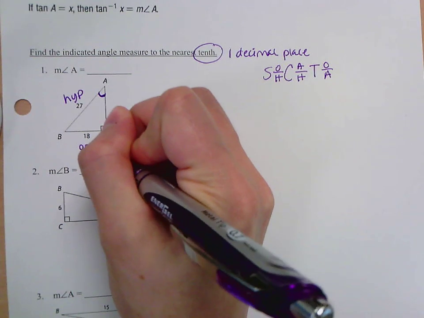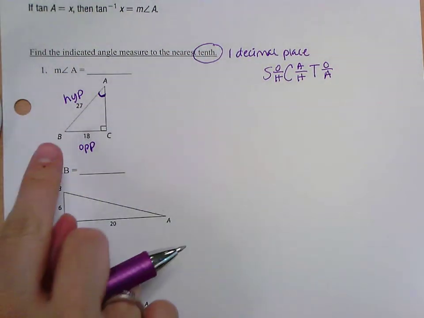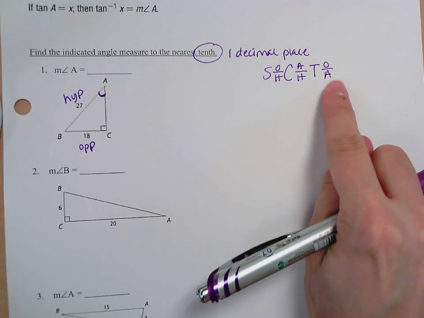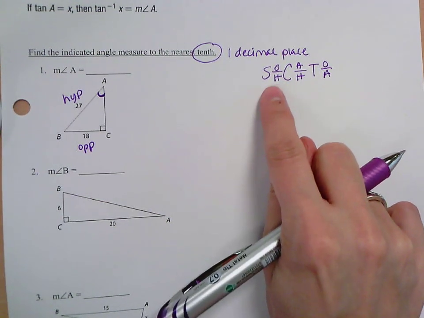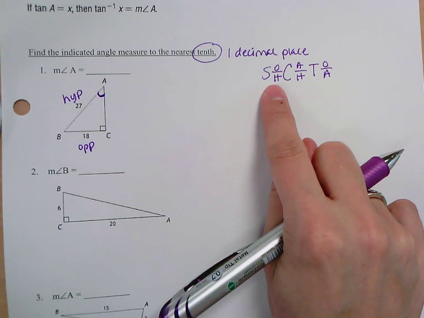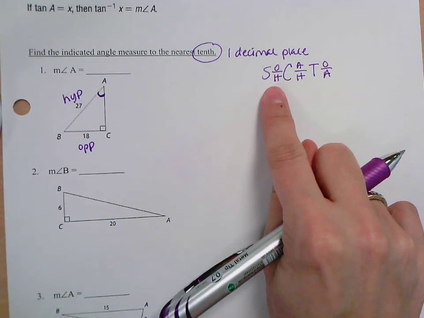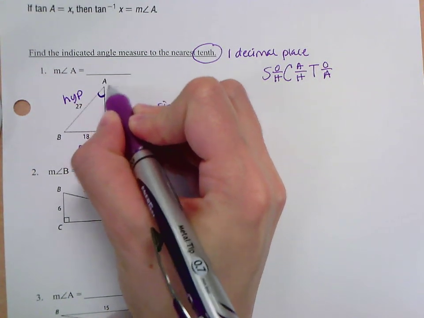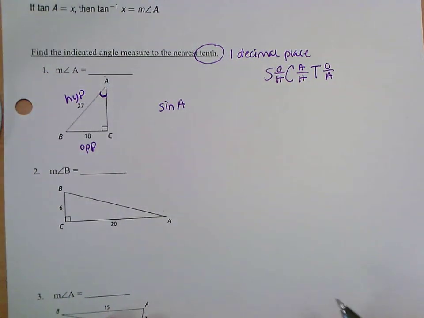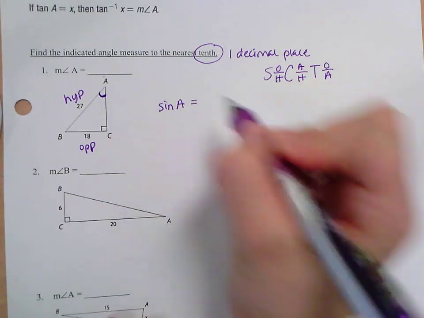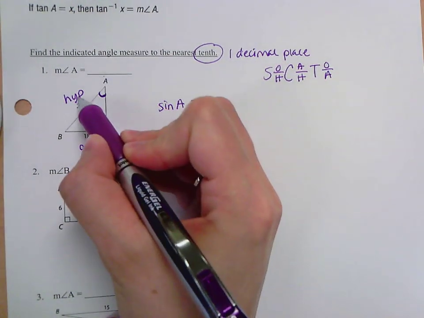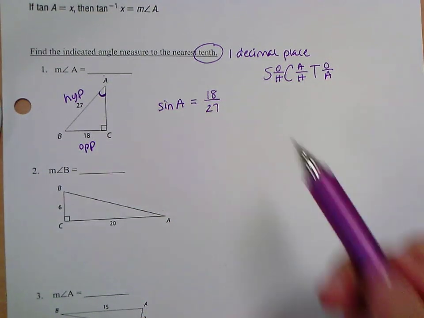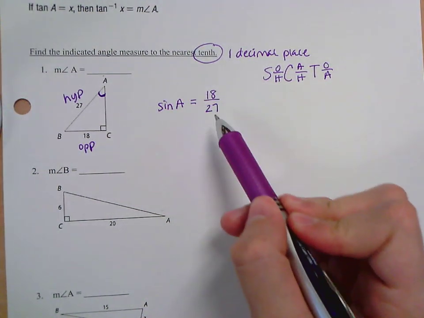Opposite the angle A. So again, it's off of angle A. If I have hypotenuse and opposite, which trig function am I using? I'm using sine because I have opposite and hypotenuse, O and H. So this is how I set it up. It's always sine of the angle. The angle is A. So sine of A is equal to opposite over hypotenuse, so 18 over 27. Now I realize you can simplify 18 over 27.